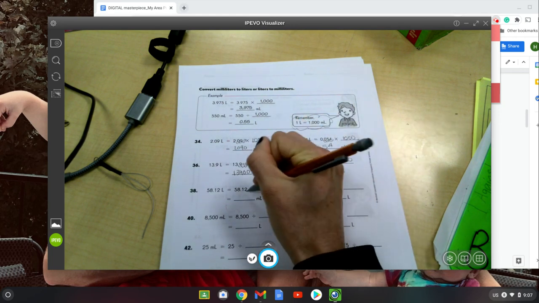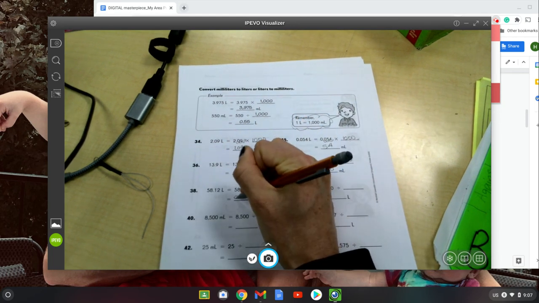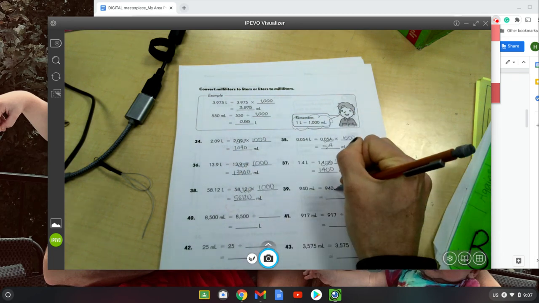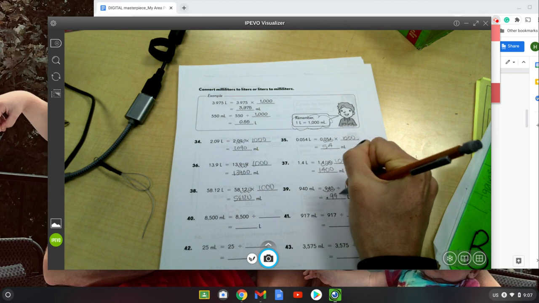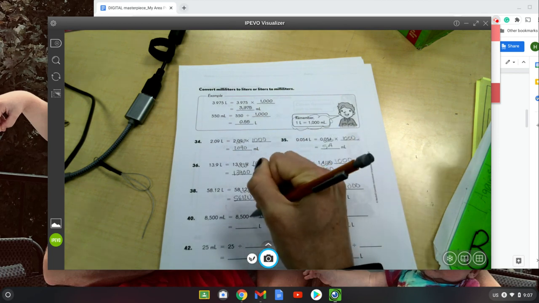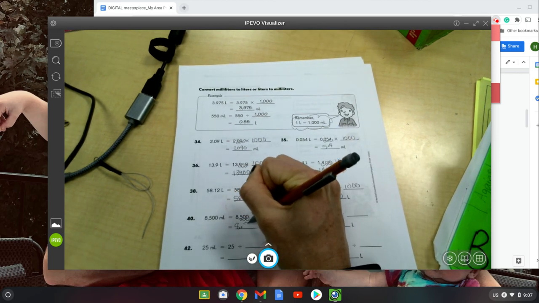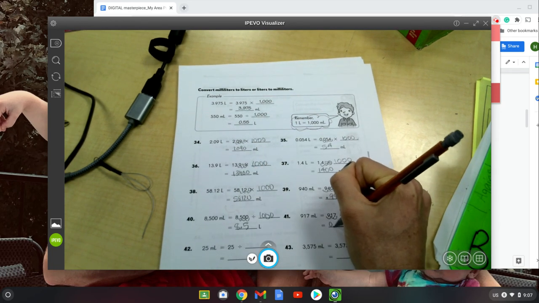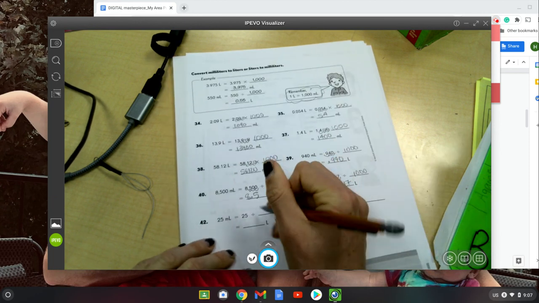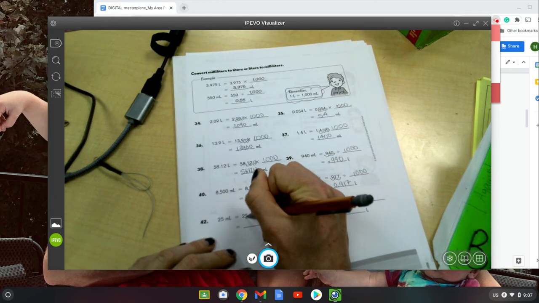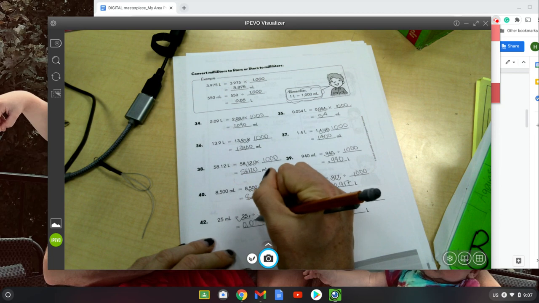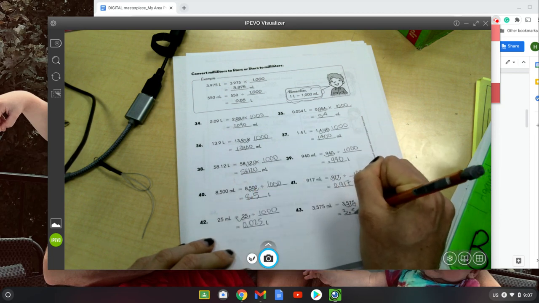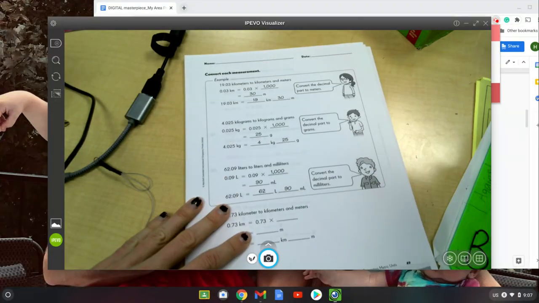Now dividing by 1,000, 1, 2, 3. Dividing by 1,000, 1, 2, 3. All right.